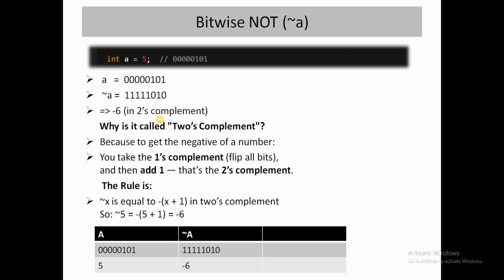The first rule is just to flip all the values from true to false or false to true. The second is to add one to the given value and put a minus sign on that output. So this is the final output, and this is the binary after flipping all the values of the binary.